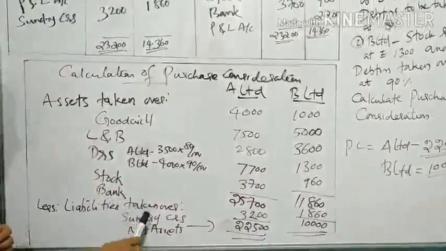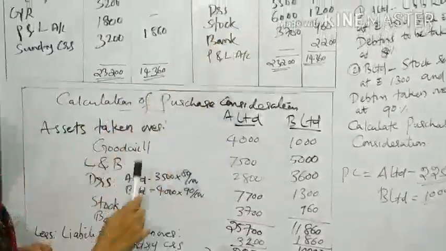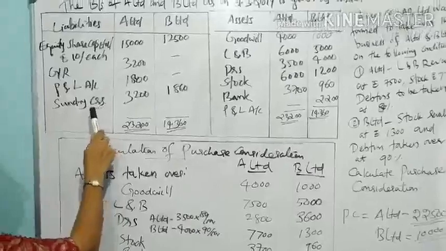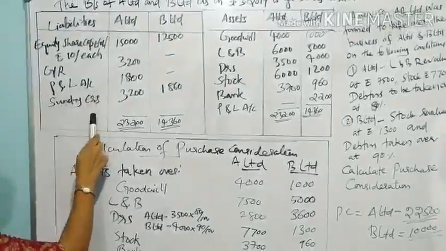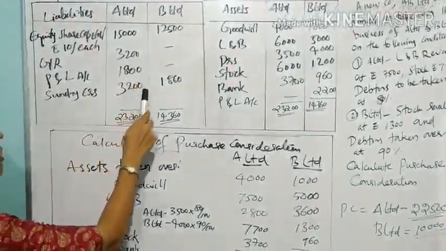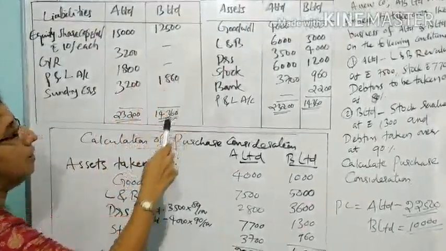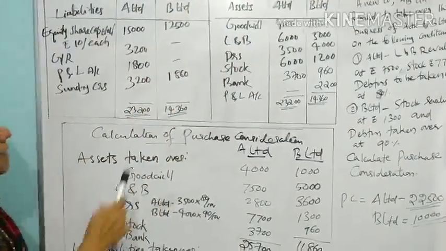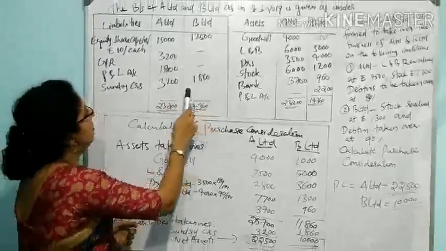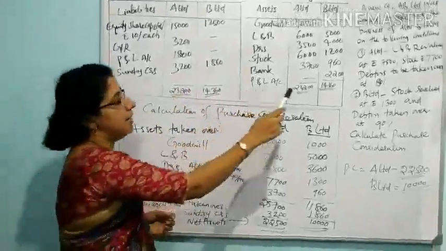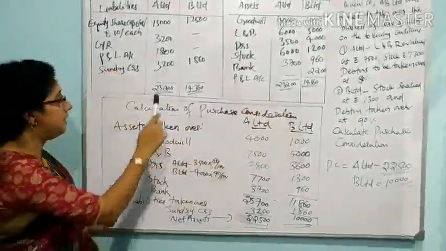What are the liabilities taken over by AB Limited? There is only one liability, that is sundry creditors. For A Limited it is 3,200 and for B Limited it is 1,860. There is no information relating to the sundry creditors in your adjustment, so we can directly take this item.